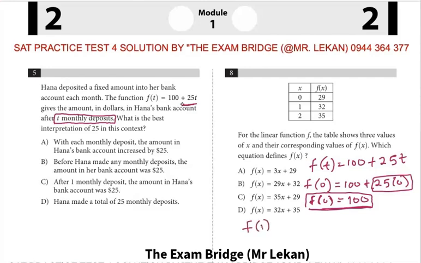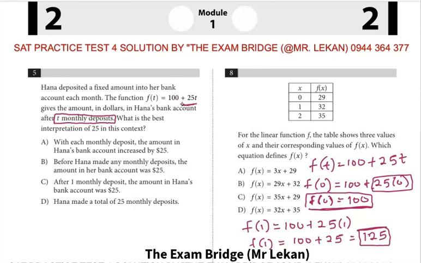Now, after 1 month, that is when t is 1, f of 1 is equal to 100 plus 25 bracket 1. That is the first month. So f of 1 is equal to 100 plus 25, and that will be equal to 125. This is the deposition for the first month.